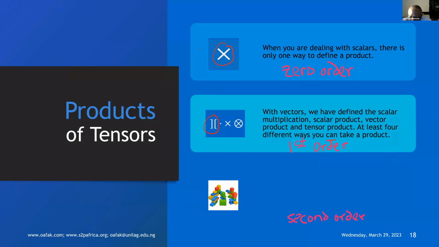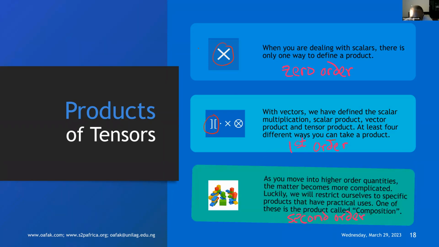At least 4 different ways exist in which you can take a product when we are dealing with vectors. Therefore, it is not a well-posed question to just simply say, give me a product when you are dealing with vectors.